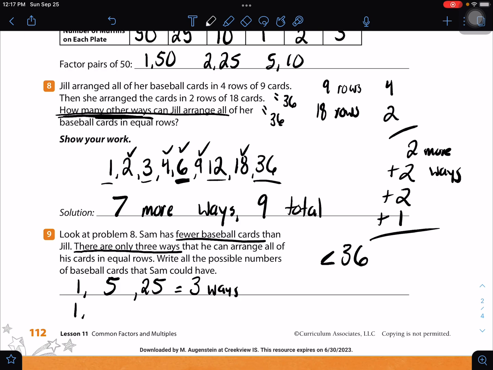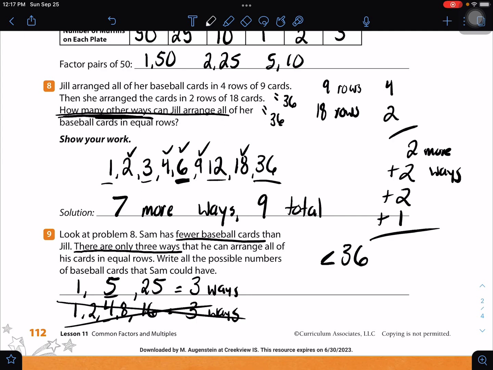If we did 1 and 4, that would mean that he can only arrange them in 3 ways because 4 times 4 is 16, and 1 and 16 are the factor pairs. Oh, but 16 is an even number, Mr. A, so we could also have 2 and 8 in there. So this one does not work.